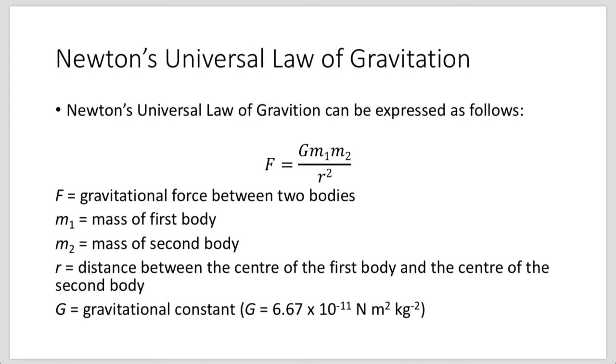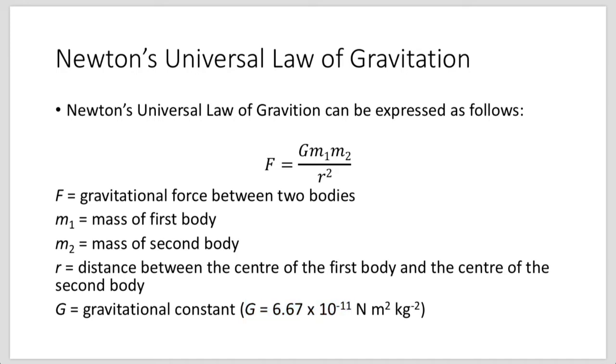M2 equals mass of the second body or second object. R is the distance between the center of the first body and the center of the second body. And G equals gravitational constant. So gravitational constant is a number that scientists have agreed is constant throughout the entire universe. So we use this number when we are trying to calculate the gravity of anything.